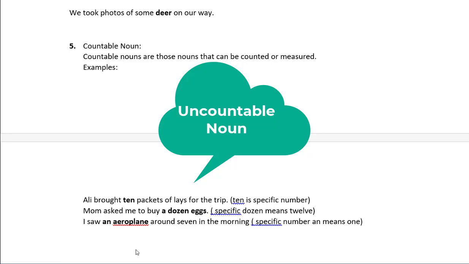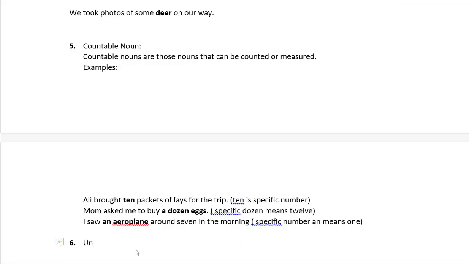Now we are moving towards our sixth type of noun, that is uncountable noun. Understood? Now it is very simple. We can take the meaning from the name of the type itself. These are those nouns that cannot be counted.